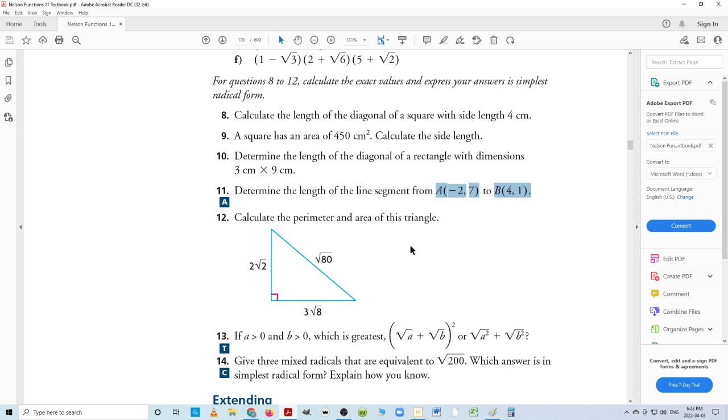And actually, they want me to do it the Pythagoras way, but I could use my knowledge from grade 10 for line segments, which says this. So I'll pull up 11 and 12.